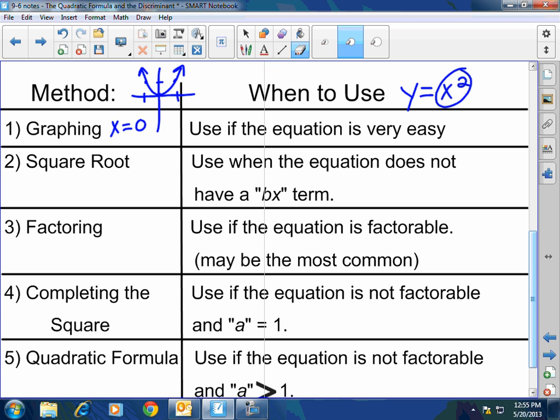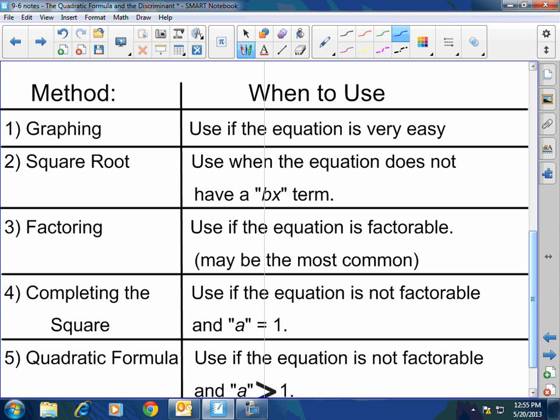So you can solve by graphing, but I would rarely recommend that. Graphing is pretty much just good for seeing the shape of the graph, seeing what the quadratic looks like, estimating the solutions, but not really solving, in my opinion.